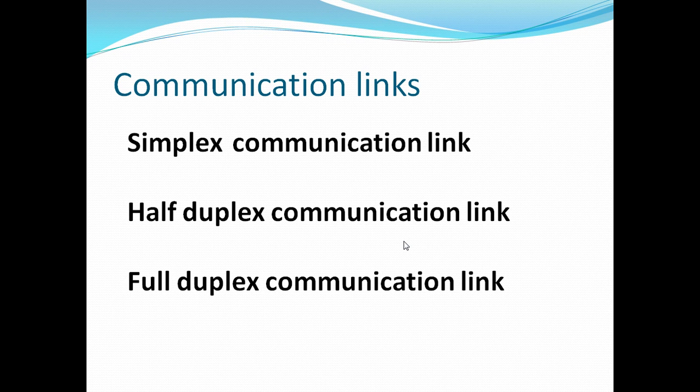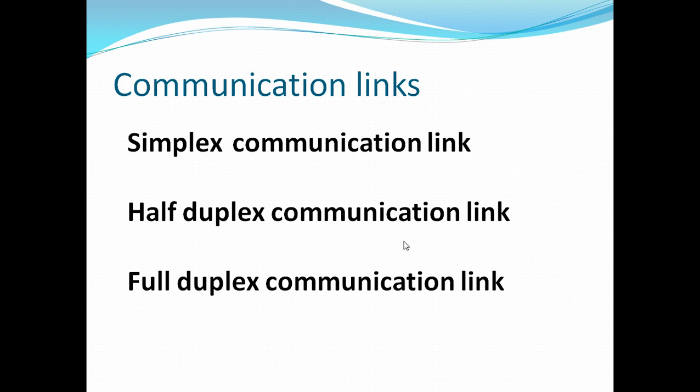There are three types of data transfer: simplex, half duplex, and full duplex. Simplex communication is nothing but only one way transfer in serial manner. That means only the transmitter will send data to the receiver, a single bit at a time.